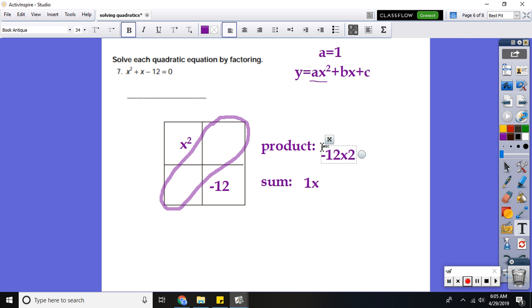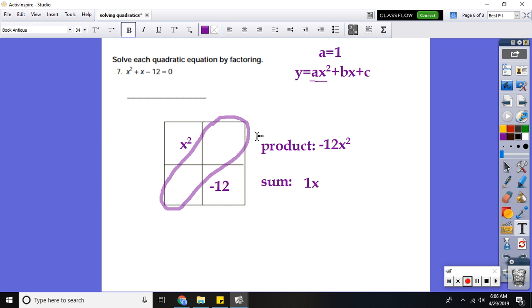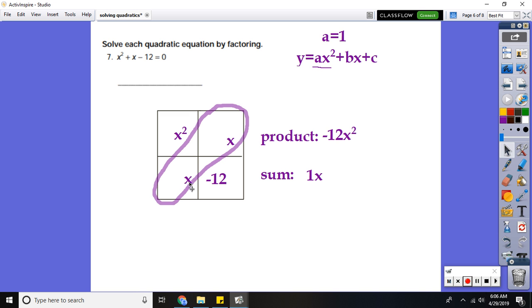Now when we are working through factoring, we focus in on the coefficients, the 1 and the negative 12, because we know that these boxes will have an x. And that takes care of the two boxes adding to an x here and multiplying to an x squared here.